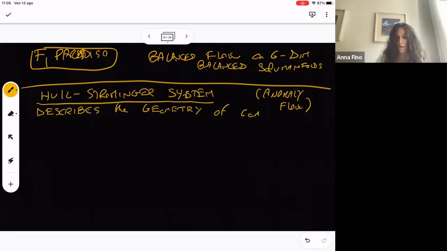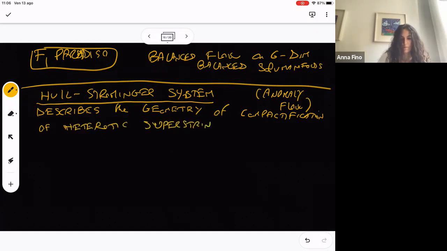I will say a few words about compactification of heterotic superstrings with torsion. We'll see in which sense, to 4-dimensional Minkowski space-time.